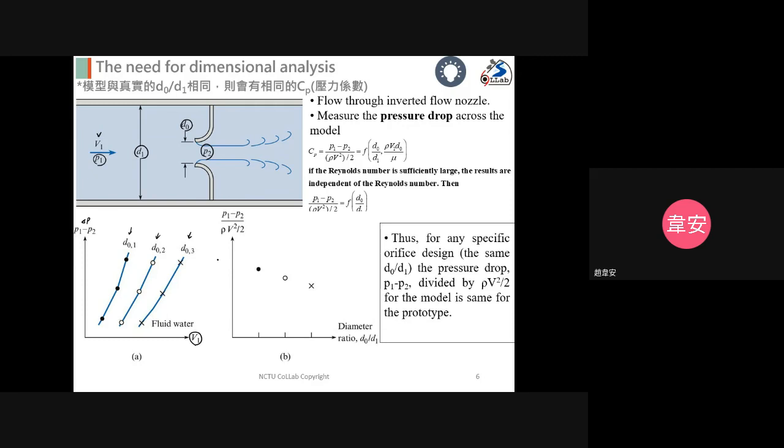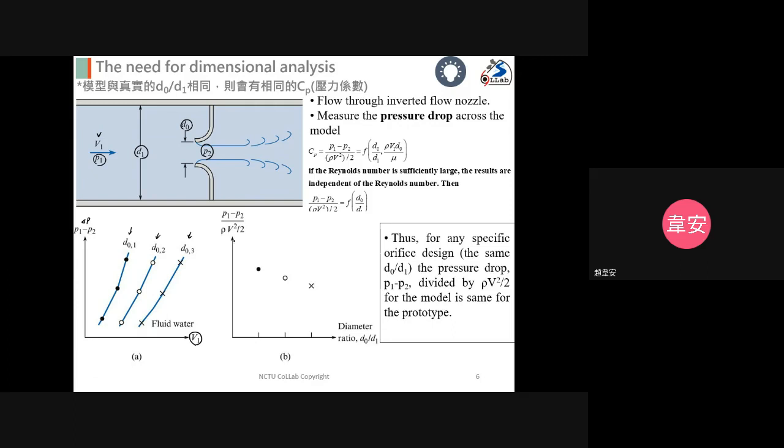But we do some rearranging of our x and y values. As you see, we change the x-axis to the diameter ratio, d0 divided by d1, and we compute the ratio between the pressure difference and the kinetic energy.